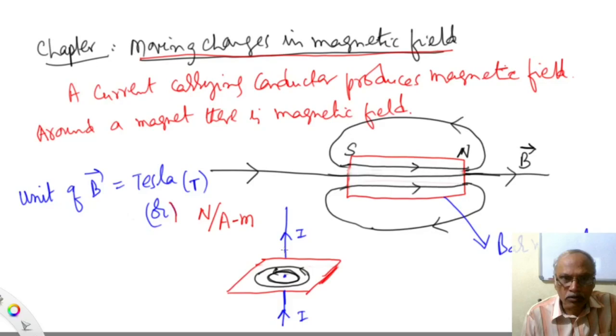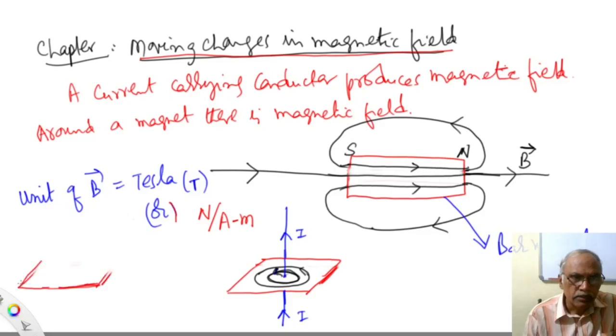If the current flowing through the conductor is downward, for example, imagine this is one plane surface and there is one straight current carrying conductor.